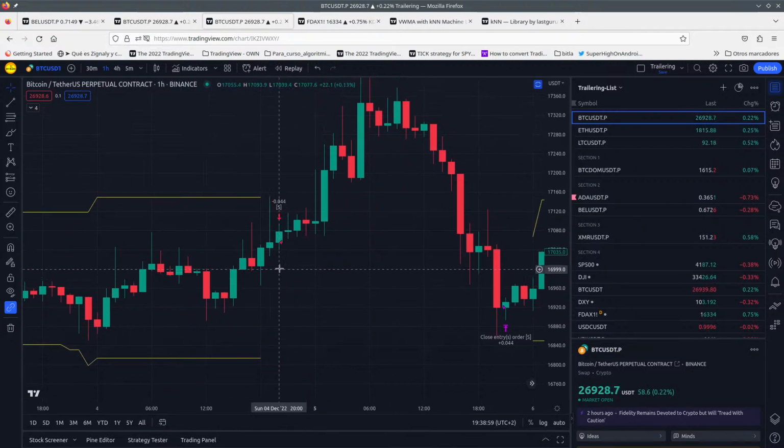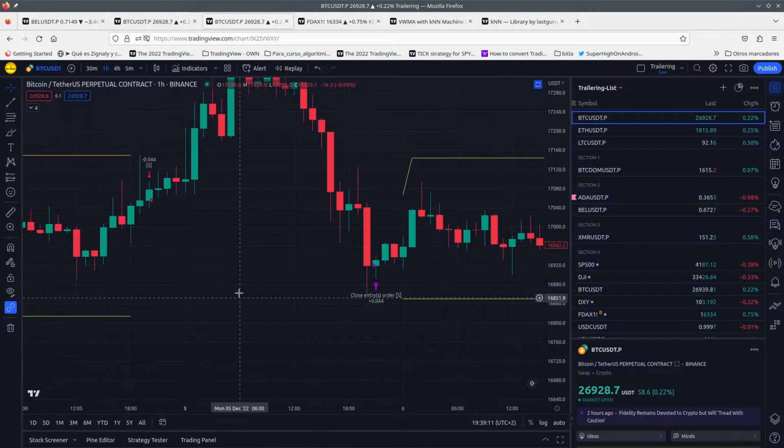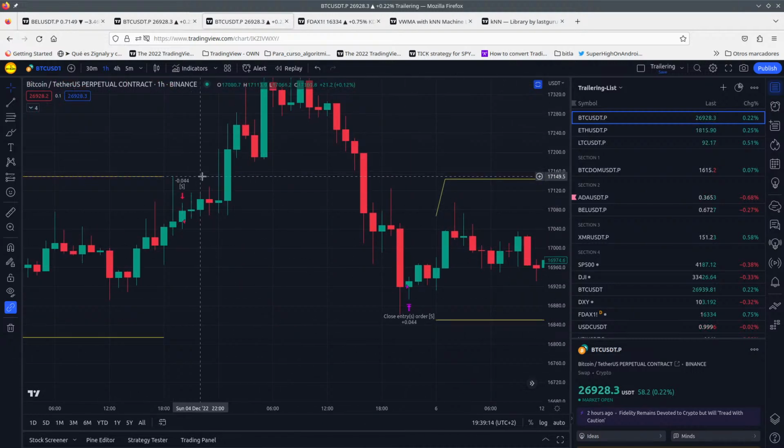So you have this short one here, and so once you have the break. Okay, let me see. This long is long. You have the stop loss here. So what you do is you put the stop loss here. That's the stop loss.